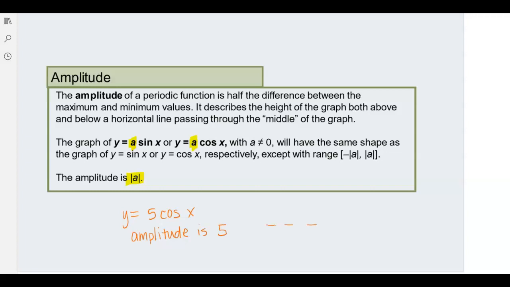And so if we have the x-axis as the center, so this would be the line y equals 0, our maximum point is going to be up at y equals 5, and our minimum point is going to be down at y equals -5. So the amplitude isn't the distance between the max and the min, it's the distance from the center to the max and from the center to the min.